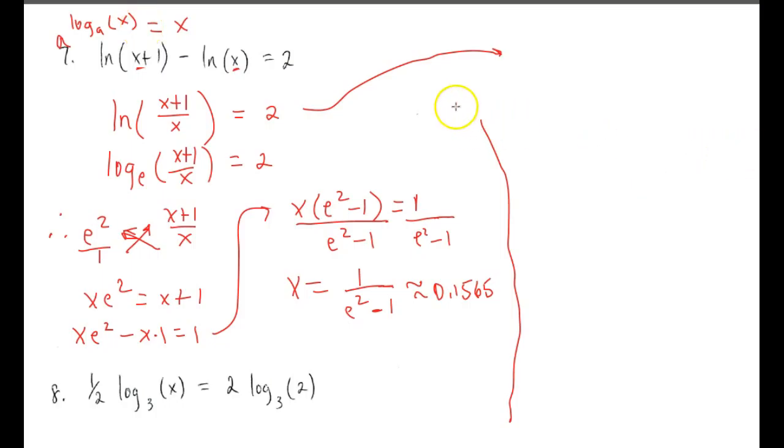In using that, I could use, let's say, 2 as a base for both the left and right side. So if I did that, this would be 2 to the natural log of x plus 1 over x equals 2 raised to the 2. And so on the left side, this would just simplify to x plus 1 over x, and over here, this would simplify to 4.